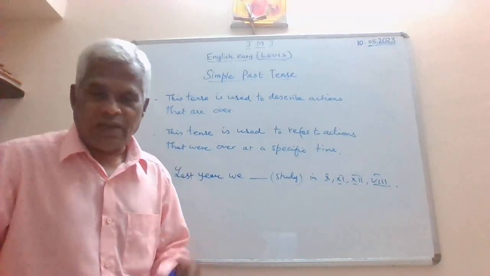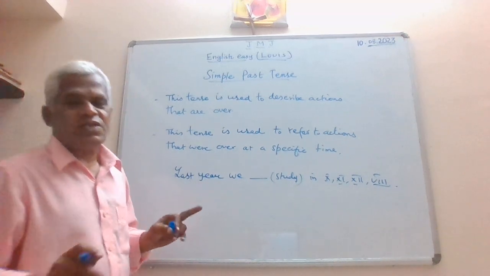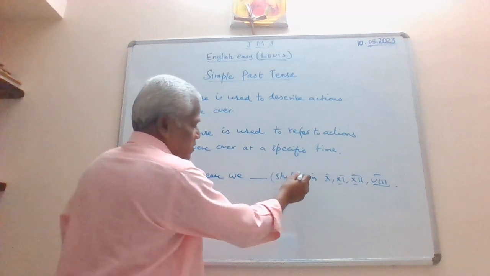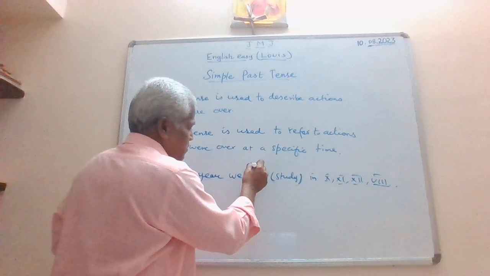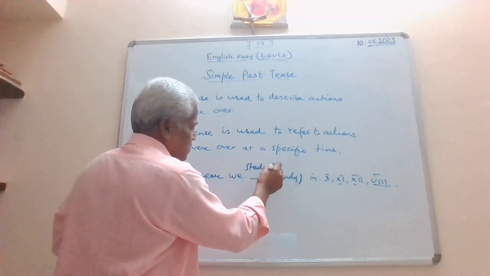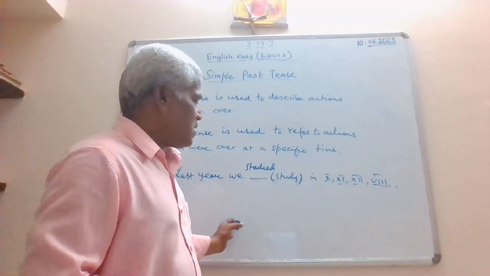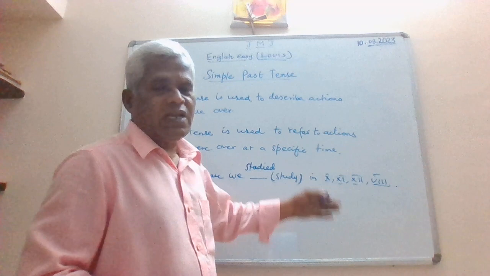So we have to make a conclusion that this is past tense. So we need to write the past form of the verb that is given in brackets. Now what is your verb here? Study. And your verb in past tense is studied. Okay. Last year we studied in 10th. Or last year we studied in 11th, or 12th, or 8th.